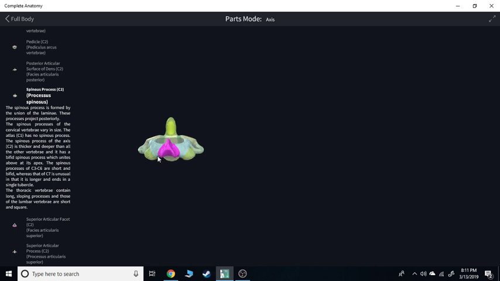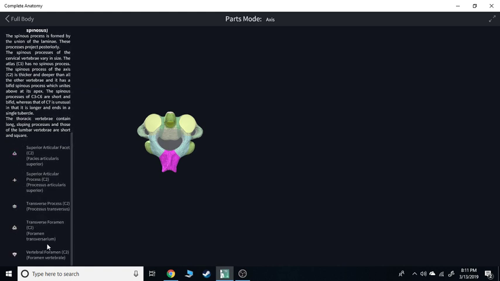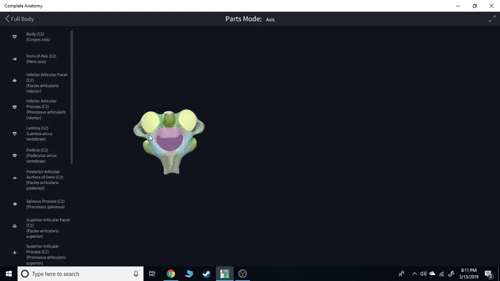C2 through 6 have this little notch here called bifid. C7 doesn't have that. Then we have the vertebral foramen right here where the spinal cord goes. See if we can highlight it. Yep.